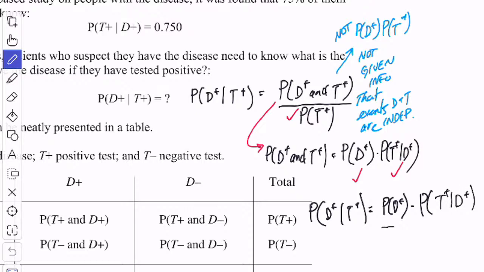So that's the numerator, divided by the probability of a positive test. And I put those numbers in that I have.